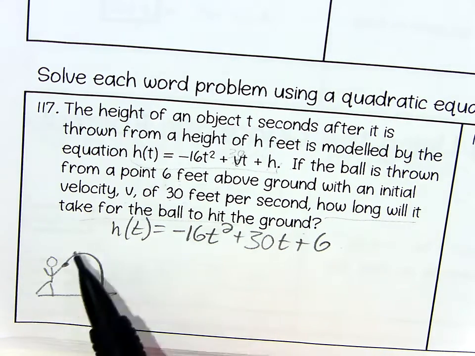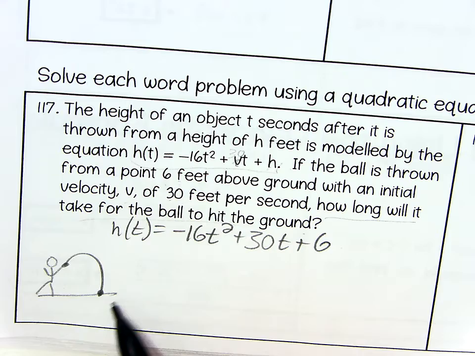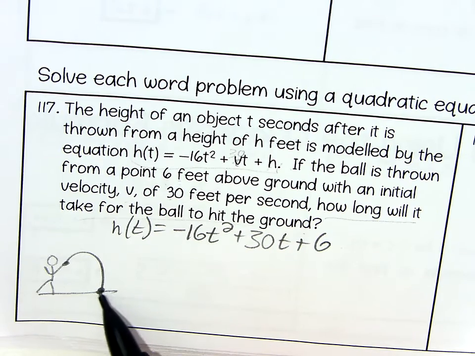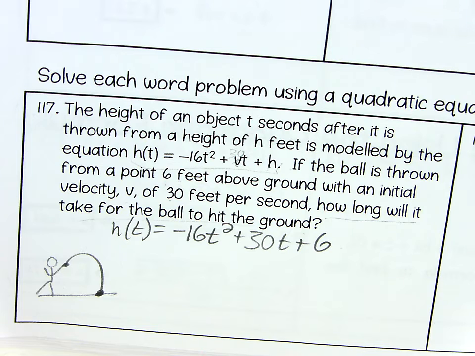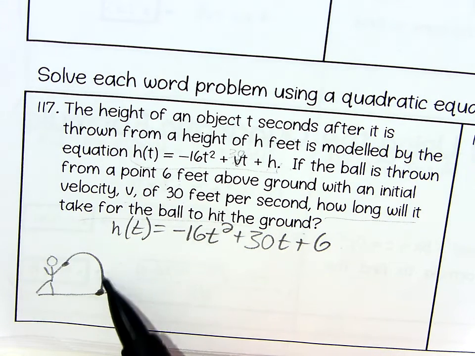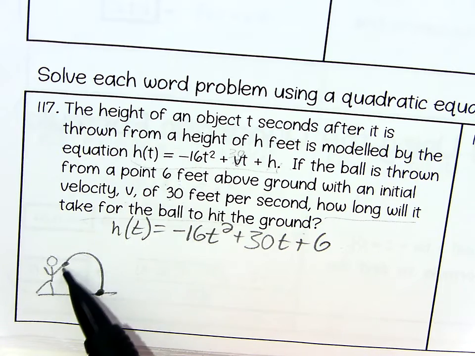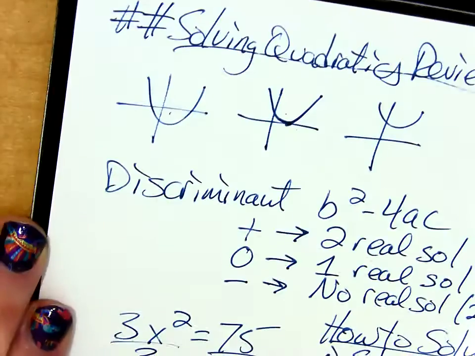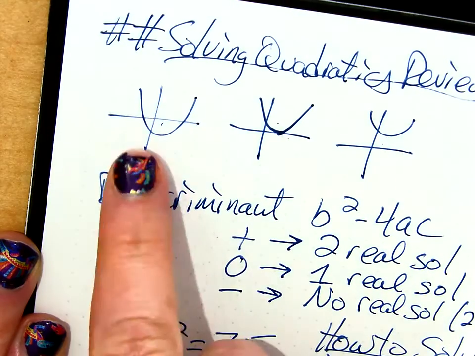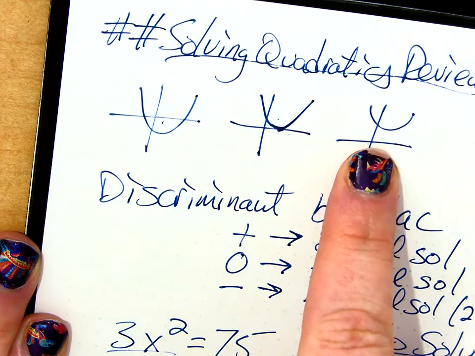What does it look like I'm finding? If I turn this into a graph, what is this? What's the name of this thing? It's a parabola. And didn't we learn right here that parabolas can cross twice, once, or not at all?